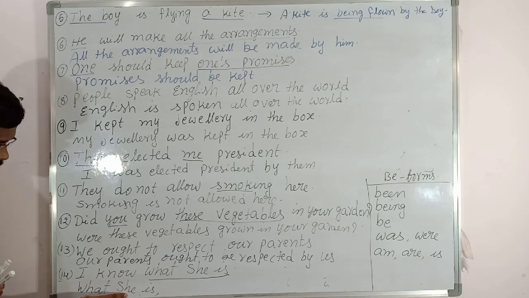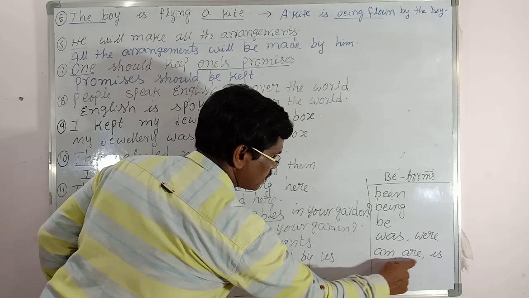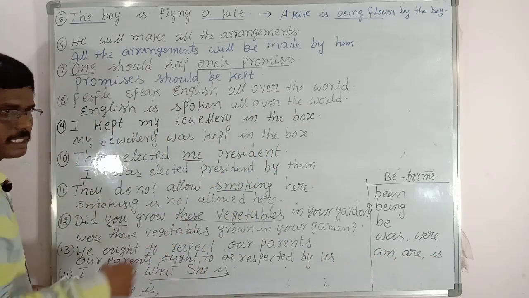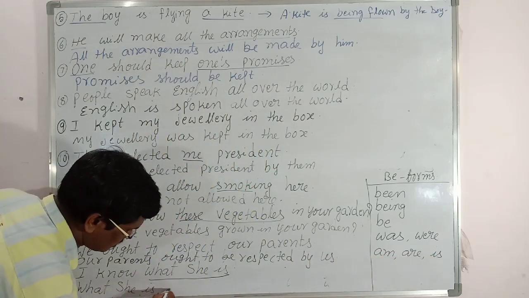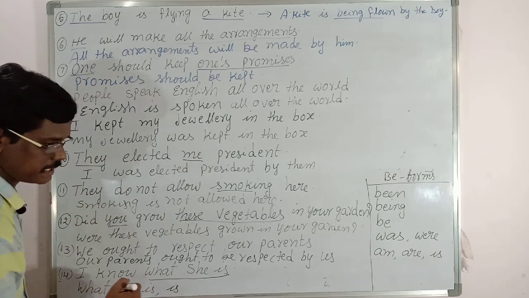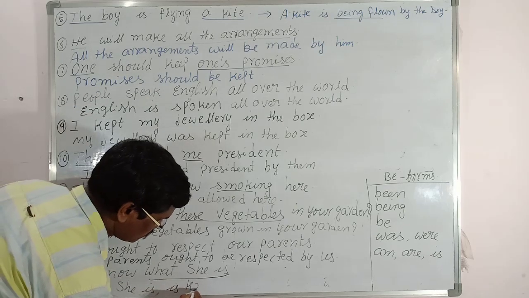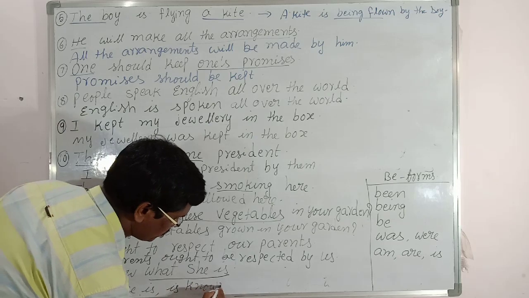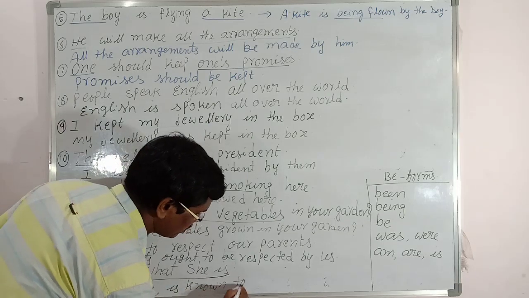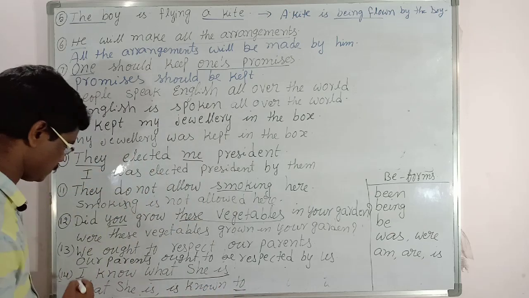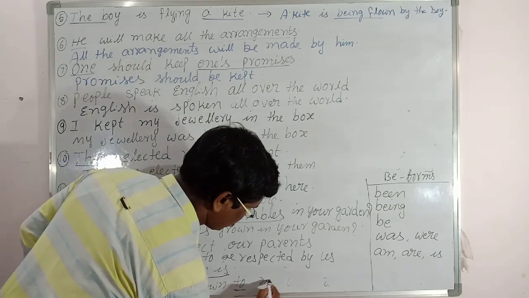So here also the subject. Now, verb 1 means am or is, so among these, is is the correct answer. What she is is known. Verb 3, known. The preposition that follows is to, not by. This is very, very important. To me.